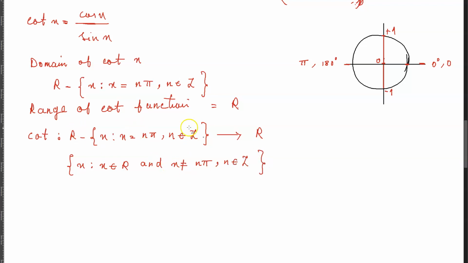That's basically the same thing. Here we have excluded these values of x from R, and here we have put the whole thing together, and this goes to the set of real numbers, and this is the cot function.